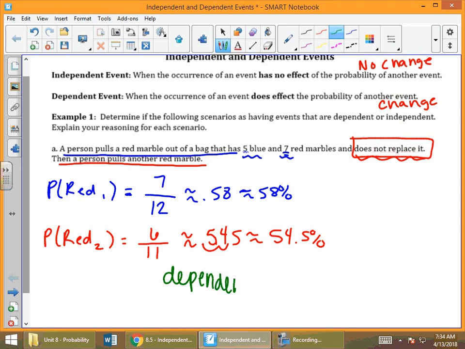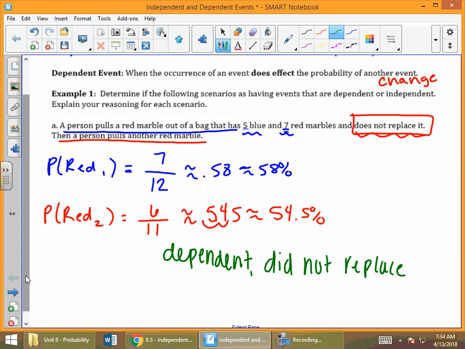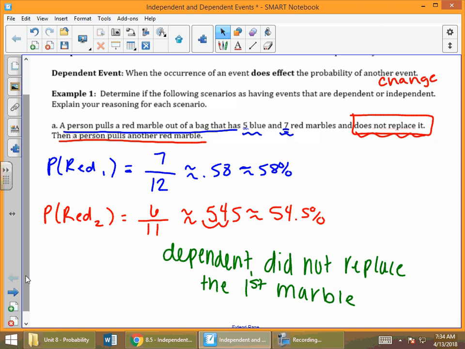So your answer would be dependent. And your reasoning would be did not replace first marble. By not replacing the first marble, you're changing the possibility of getting a red marble on the second try.